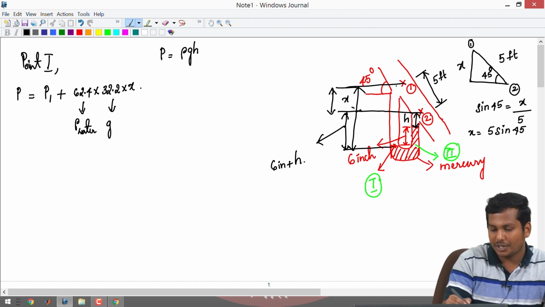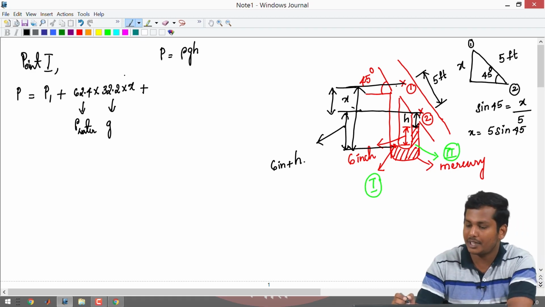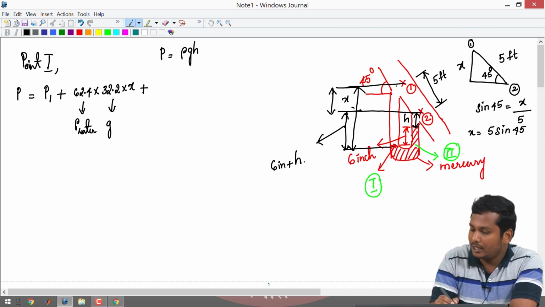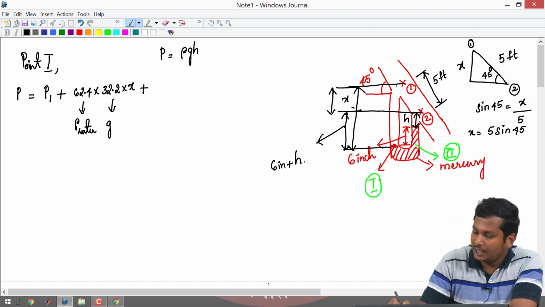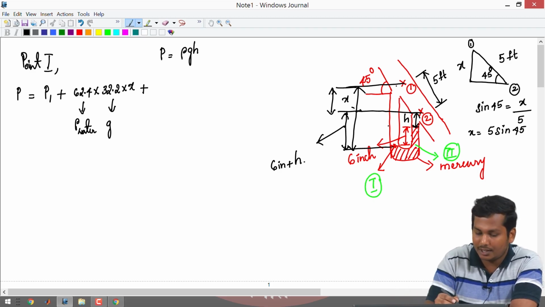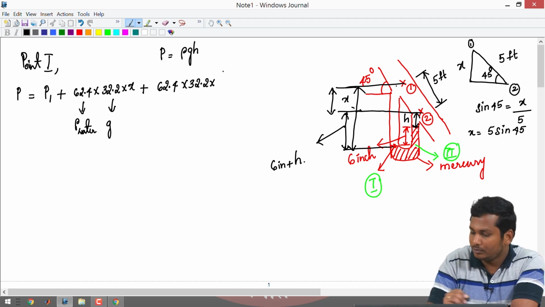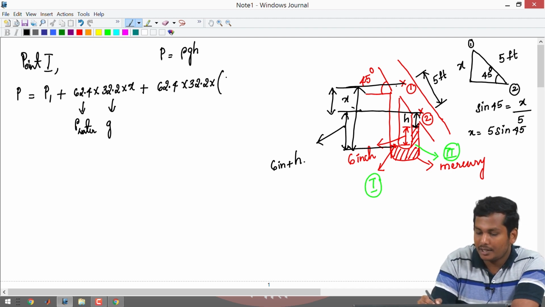So 62.4 into 32.2 into x is the pressure exerted by the fluid at a height of x, and then we will calculate the pressure in the remaining section on the left hand side, and it is 62.4 times 32.2 times 6 inch.